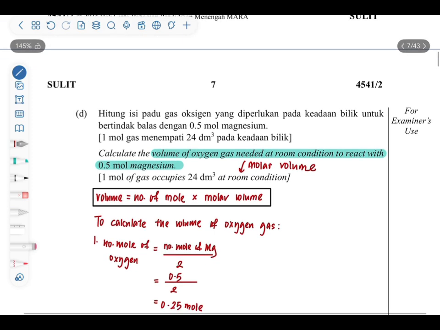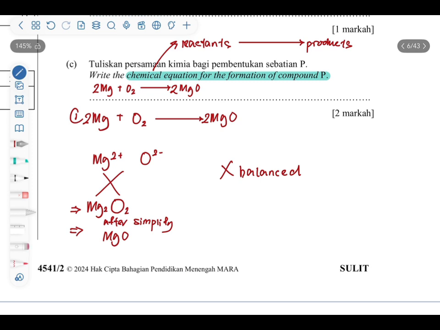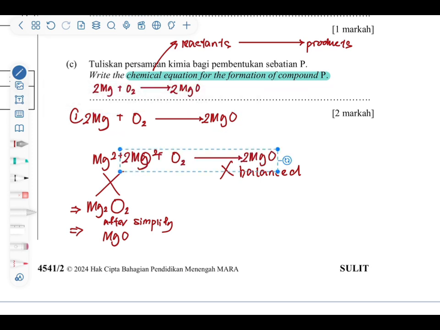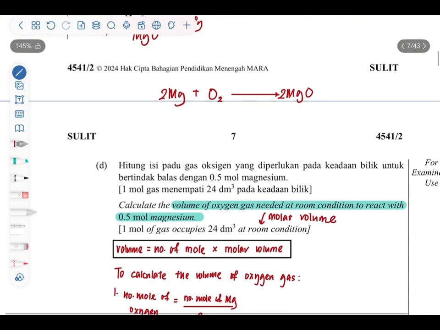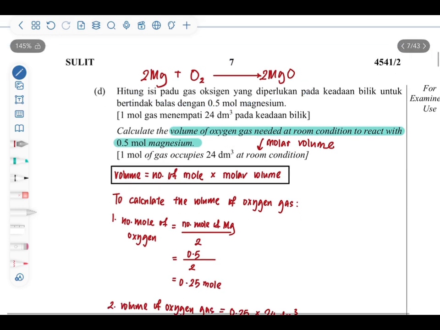So this is how the questions are interrelated. So remember, at question C here, we have written the balanced equation over here. So let's move it to the D part. So this is our original equation. So it is given that in this question we have 0.5 mole of magnesium.